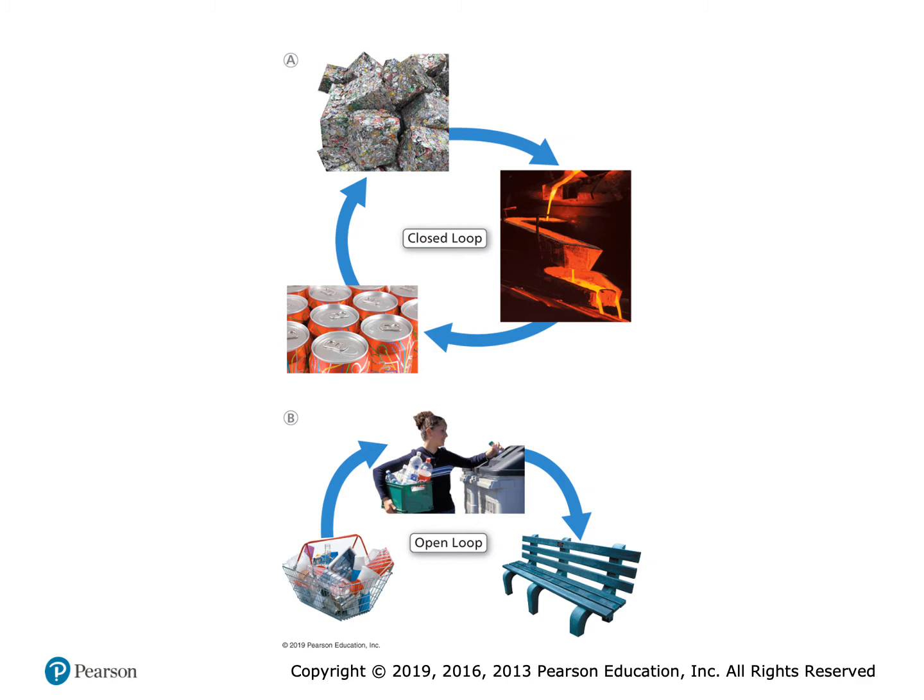So closed loop and open loop recycling. An example in letter A is showing closed loop, showing how the aluminum in cans can be recycled to produce new cans. That's a form of closed loop recycling where the end product is constantly being reused. The wood-like boards in this park bench, in letter B, are a composite material made from recycled plastics.